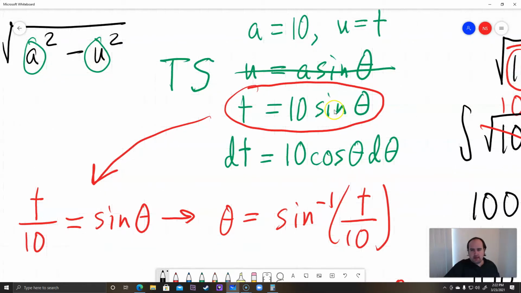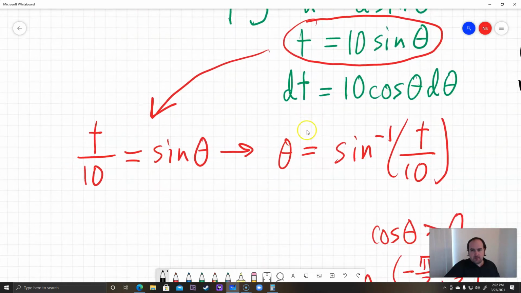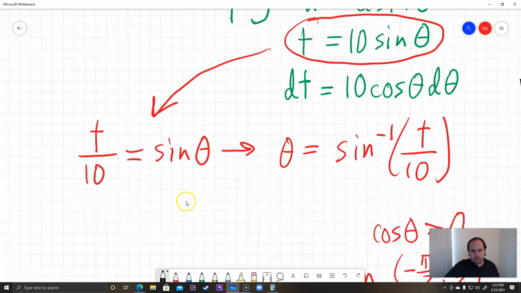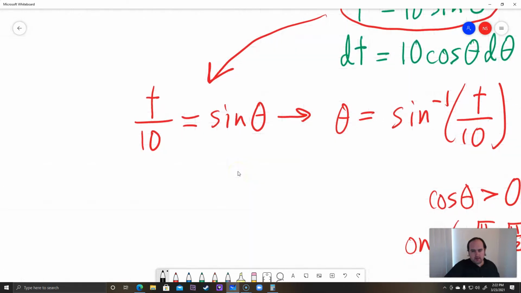We do know that sine of theta is equal to t over 10. So how could we get sine of 2 theta? Well, there's a couple ways we could do it. Probably the best way would be with identities.